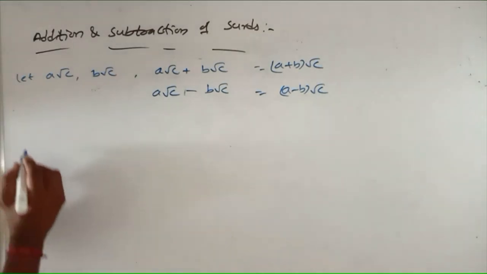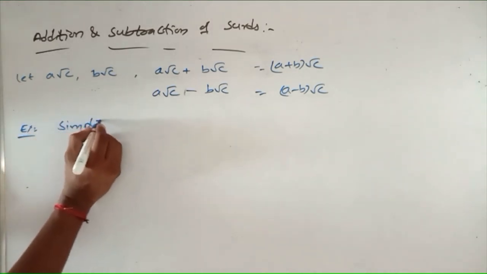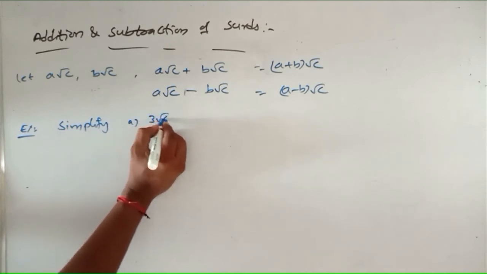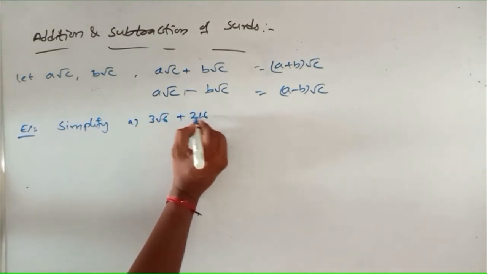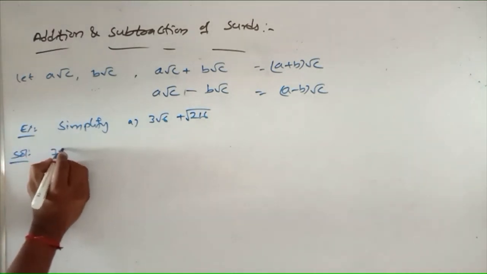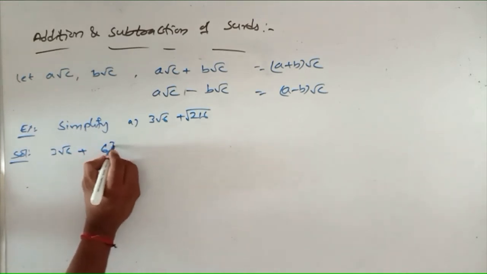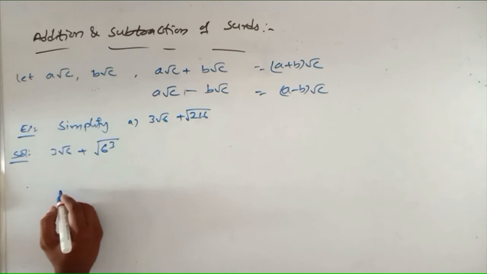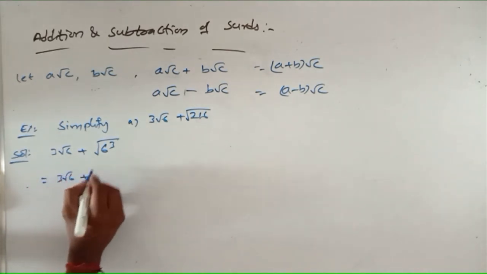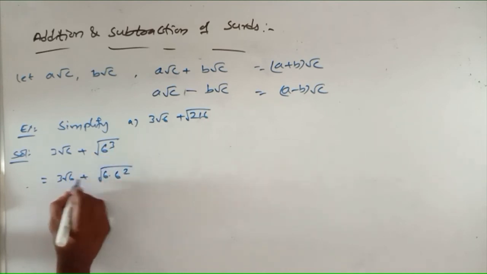Example I am taking, simplify. First one is 3 root 6 plus square root of 216. So here the solution is 3 root 6 as it is, plus 216 value is 6 cube, square root of 6 cube. Now that's equal to 3 root 6 plus, this 6 cube I am writing as 6 into 6 square, because I need square root of 6.